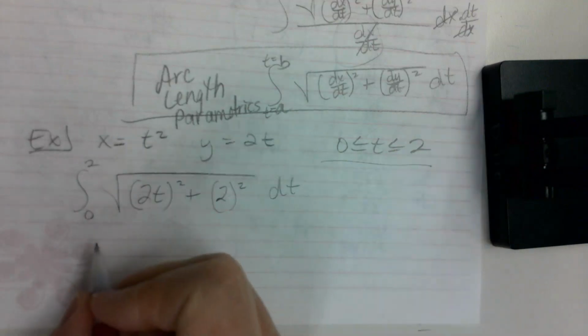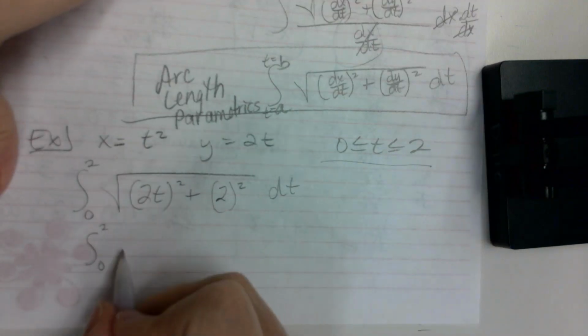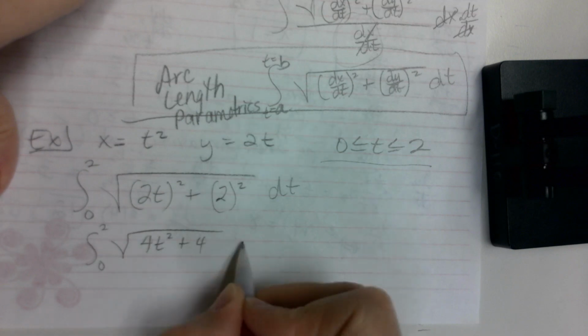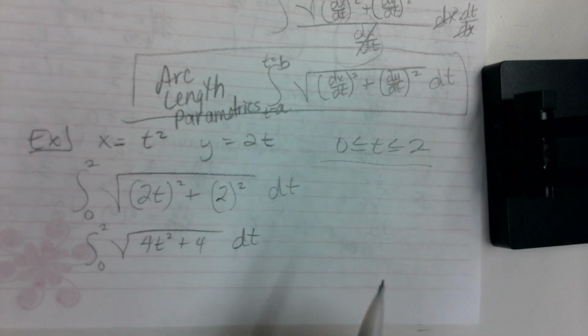What will this be? Four t squared plus 4. And I'm telling you, many, many times, this cannot be done by hand. I can't think of any of our tricks that we could get that integration by hand.